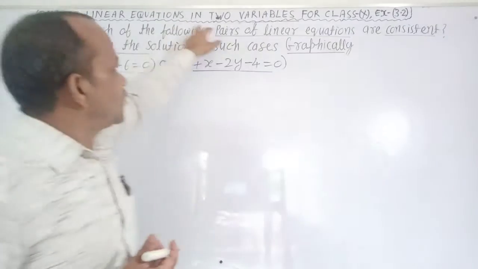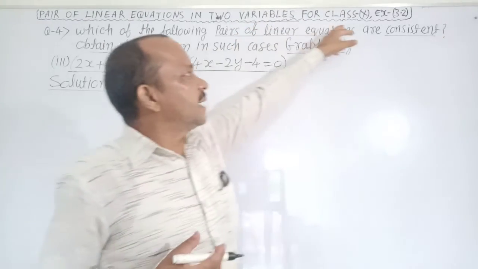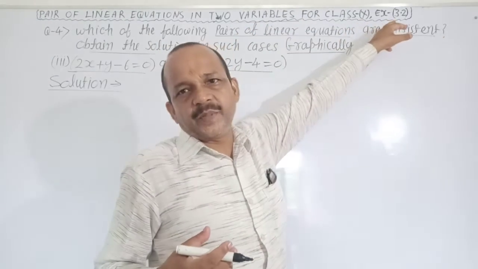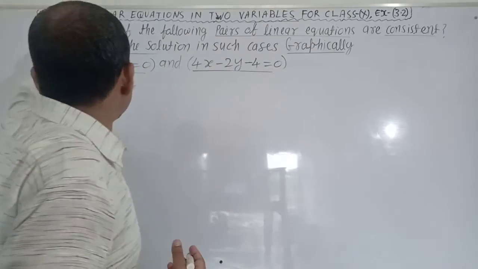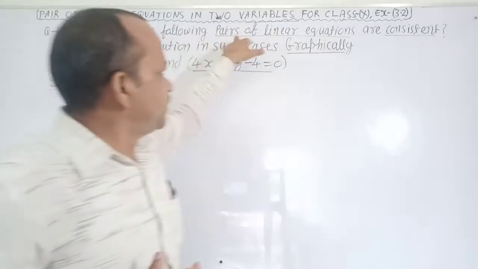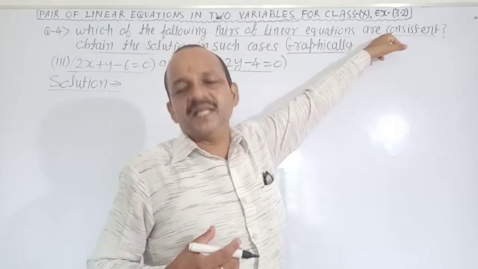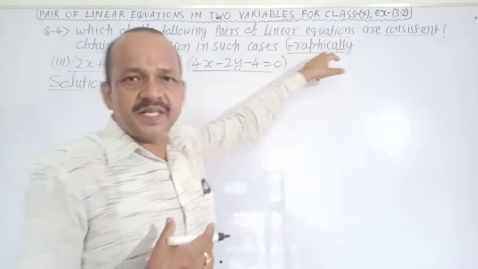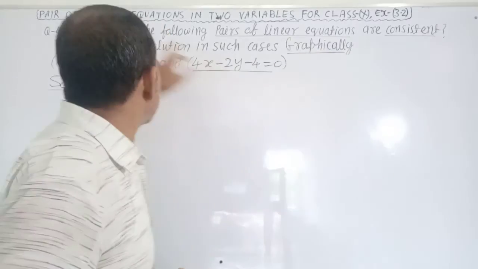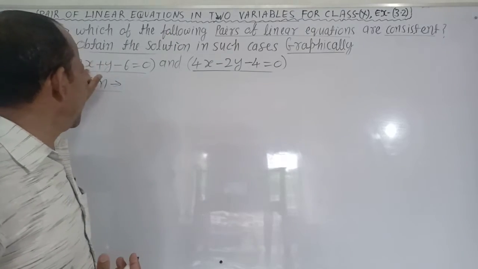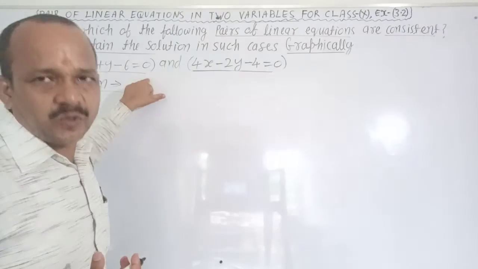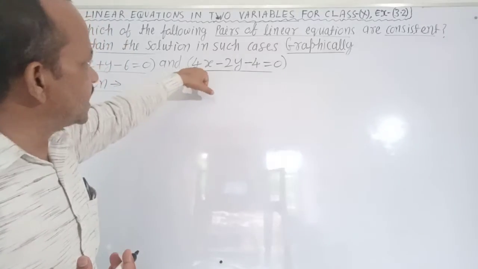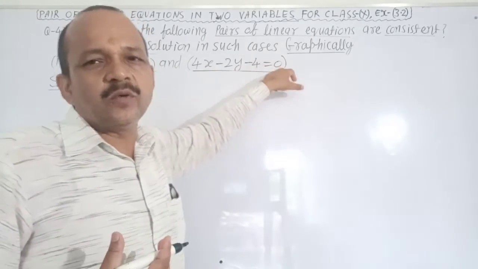Pair of linear equations in two variables for class 10th, exercise 3.2. Question number 4: Which of the following pairs of linear equations are consistent? Obtain the solution graphically. Question 4 part 3rd: 2x + y - 6 = 0 and 4x - 2y - 4 = 0.